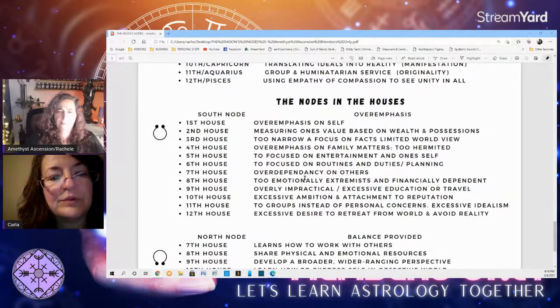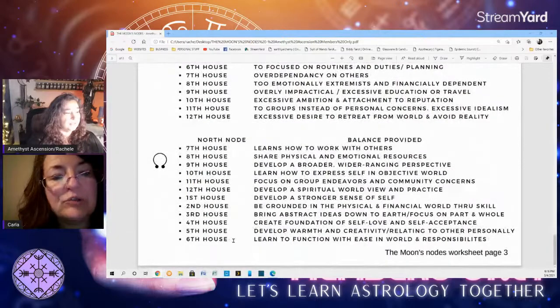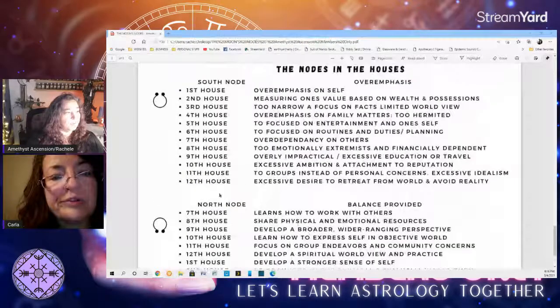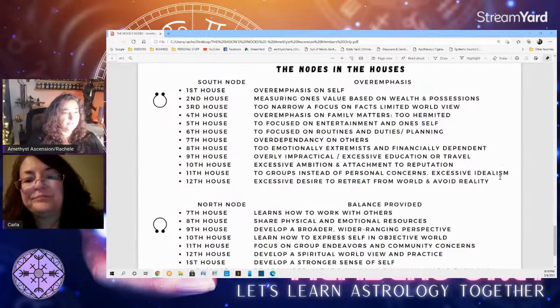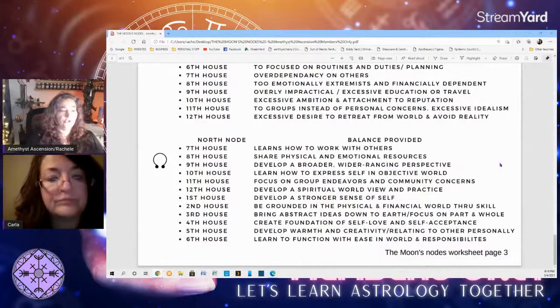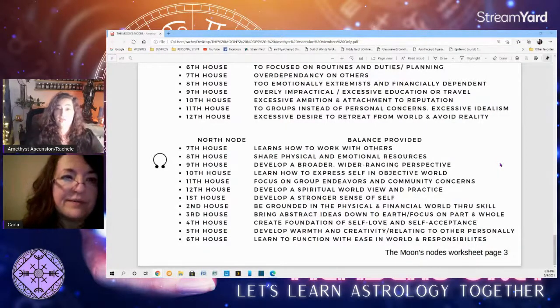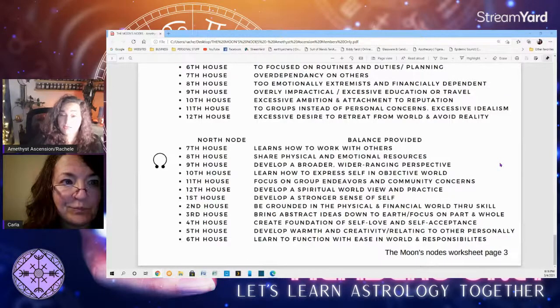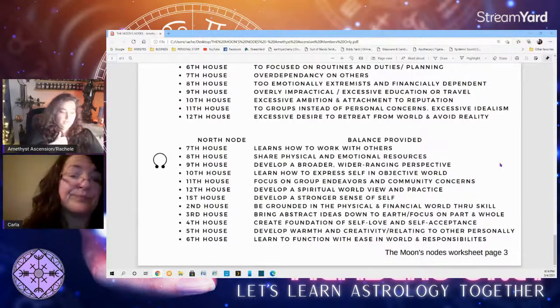Okay, so his north node is in the 6th house. So his south node would be in the 12th house, excessive desire to retreat from the world and avoid reality. So the way that he would balance that out is to learn to function with ease in the world and responsibilities. And see, he is very responsibility bound. But he also doesn't have any karmic debt based on his numerology either. I'm the one that does.